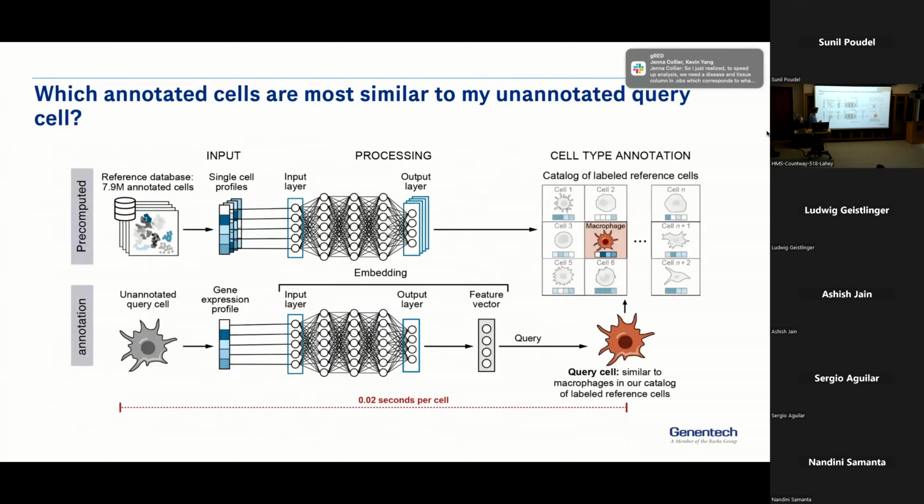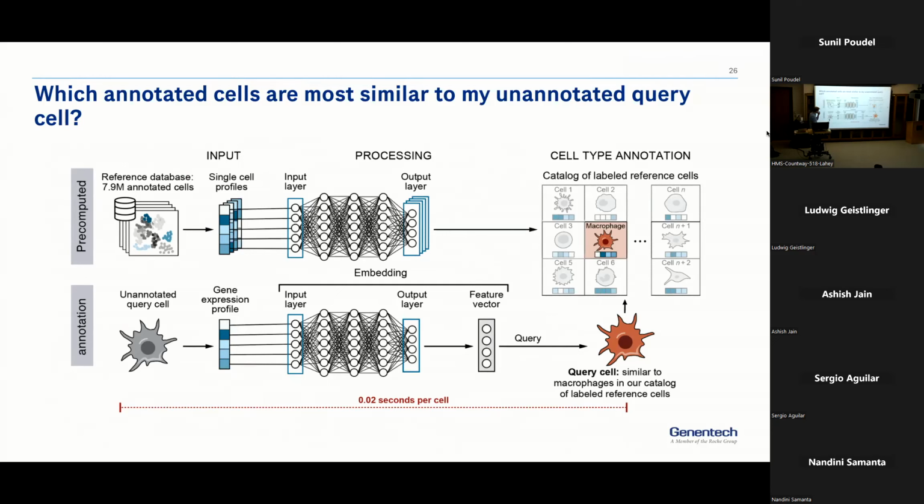So we have our labeled reference of almost 8 million cells that we trained the model on, and we can embed these all into the low-dimensional space by encoding them through the neural network. In the end, we have this catalog of cell types with their low-dimensional representation and the cell type label.